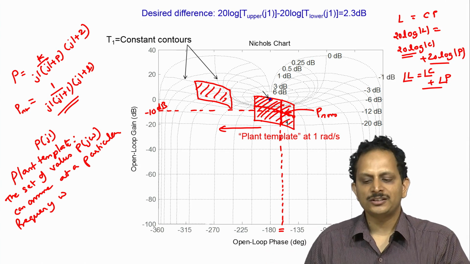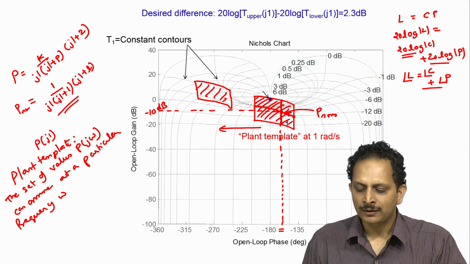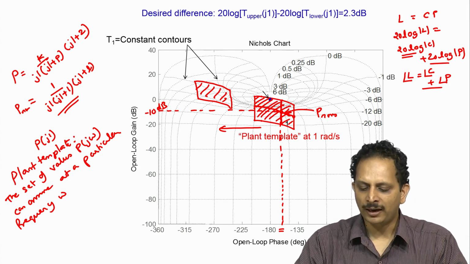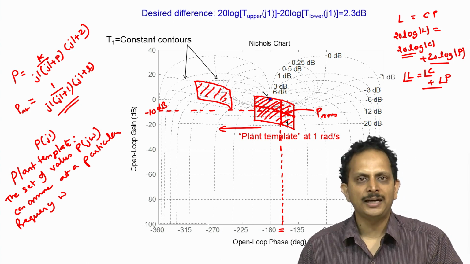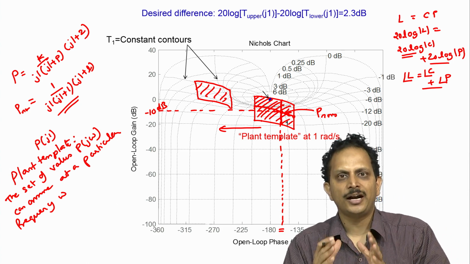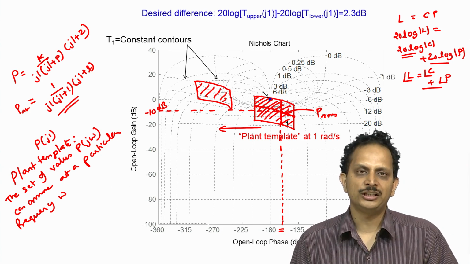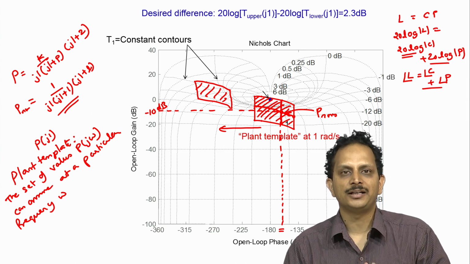The only difference is that this set of values for the loop gain will be at a different angular position and will be at a different gain with respect to the plant template, but the size and the shape of this closed region would be exactly identical to that of the plant template itself.